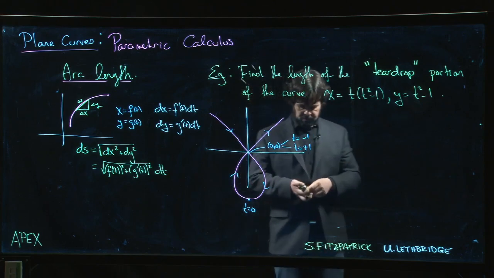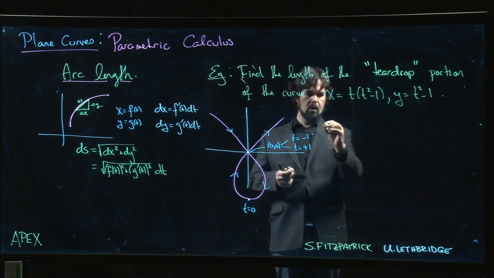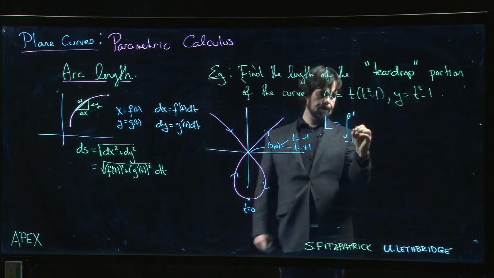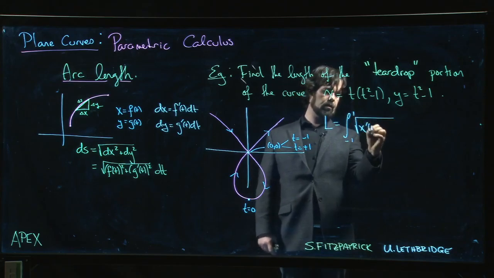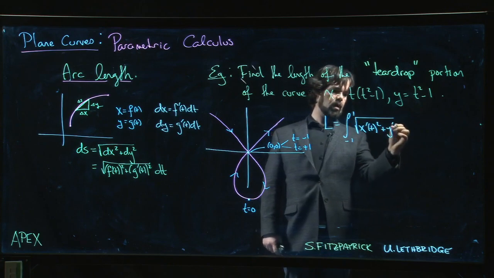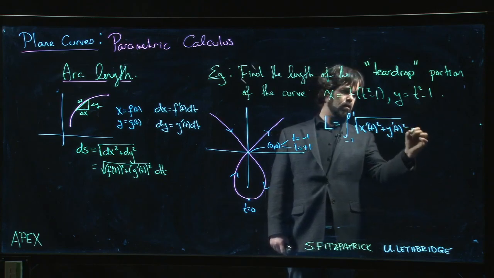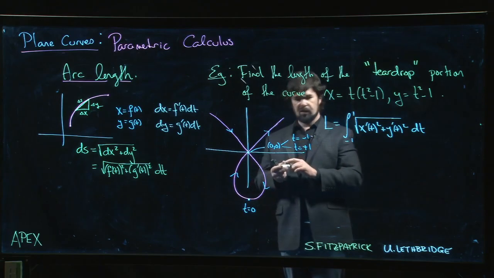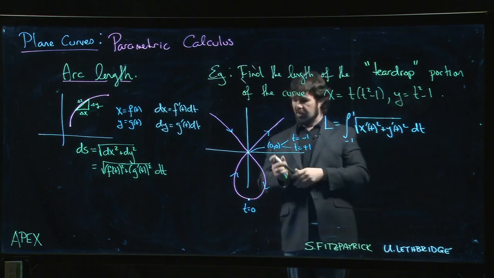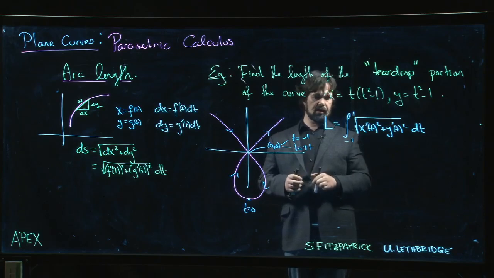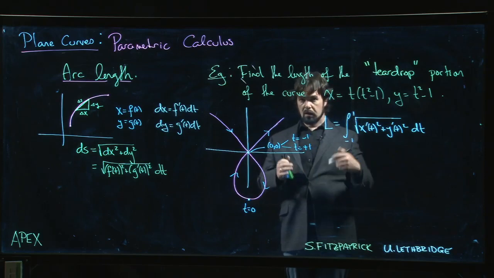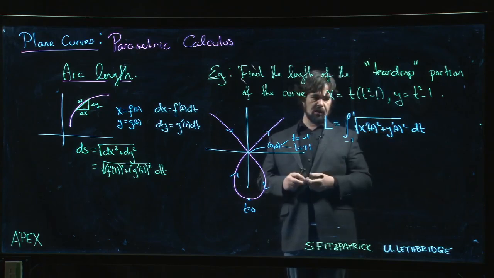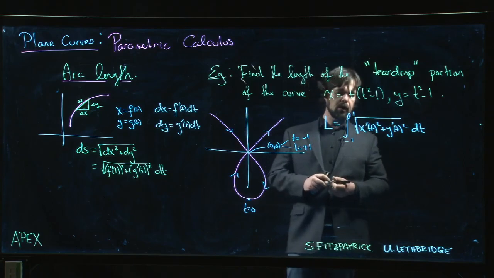That suggests that the length of the curve should be the integral from minus 1 to 1 of the square root of x prime of t squared plus y prime of t squared dt. Now, because we have the picture and we can see the symmetry, you could also argue that I could just go from 0 to 1 and double, which suggests that we should get an even function under the integrand. But let's confirm.